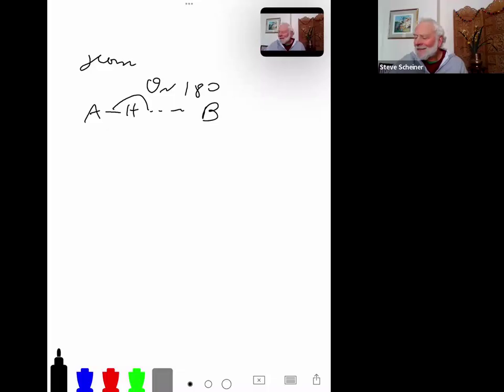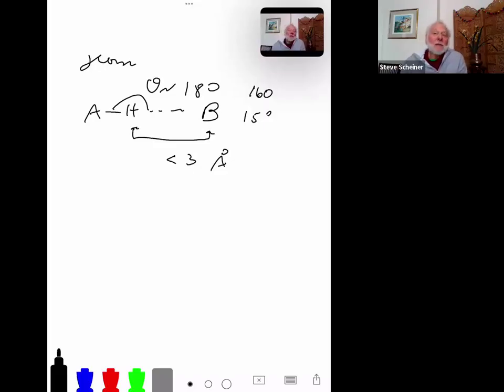Typically, that's 160 or more, sometimes 150. The second is how far apart the H is from the B. Typically, that will be less than 3 angstroms.